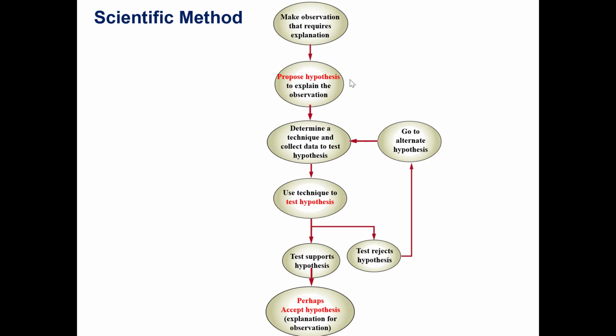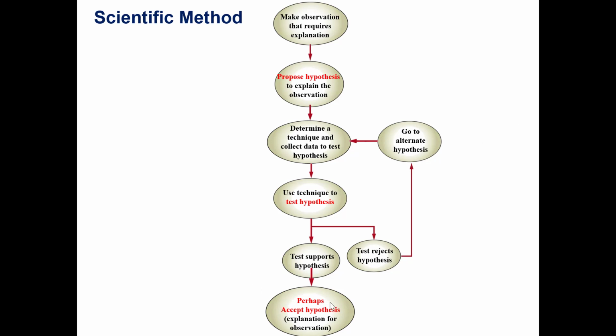Then we propose some possible explanation for those observations, and this we call the hypothesis. Then we need to determine what kind of technique we want to use to test that hypothesis. Usually we design an experiment to test that hypothesis. The next step is to conduct the experiment, or use the technique we decided on, in order to test the hypothesis.